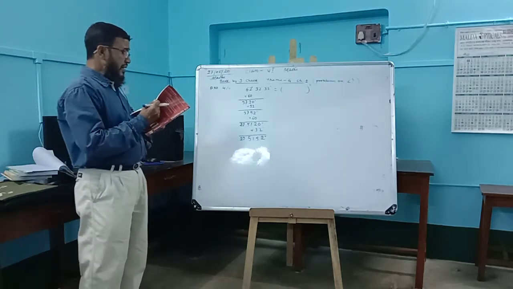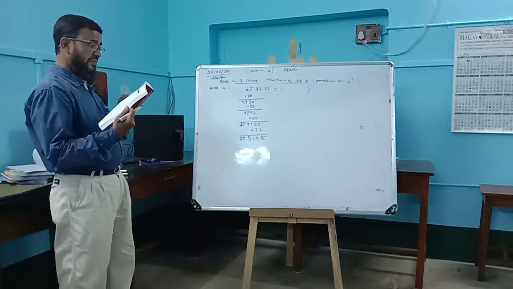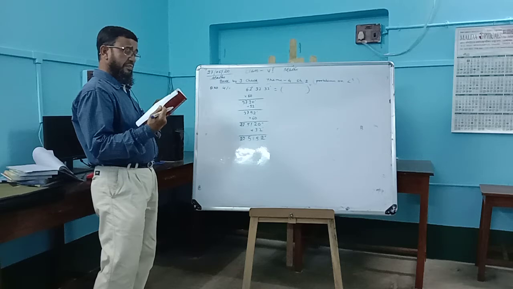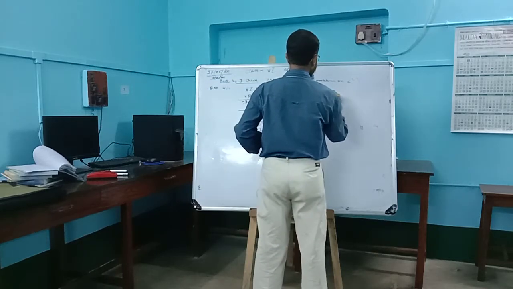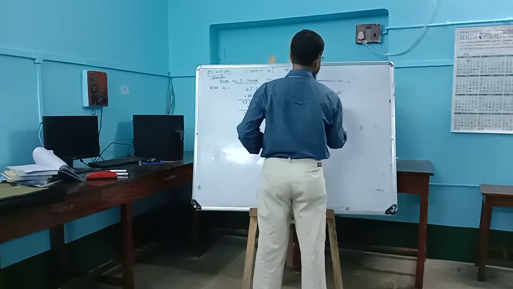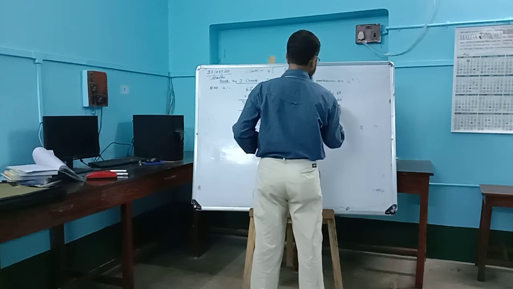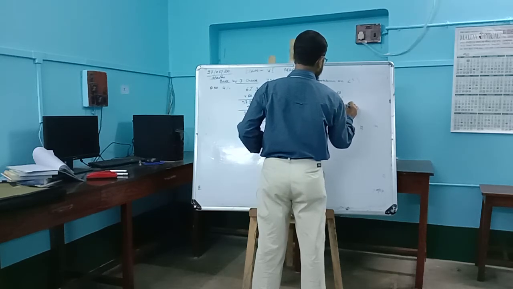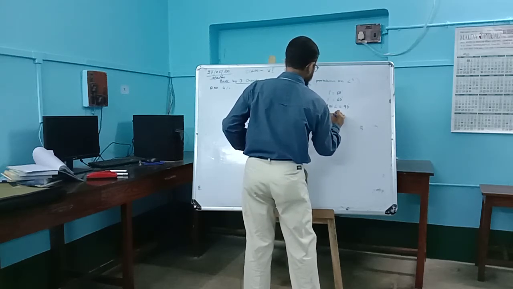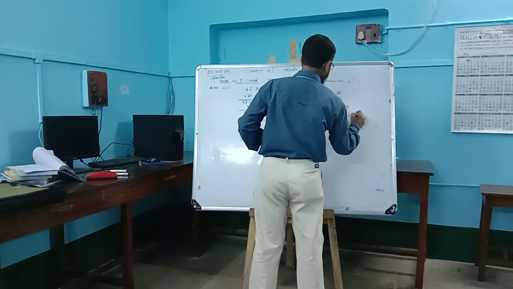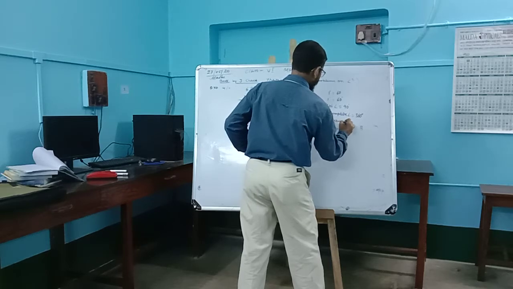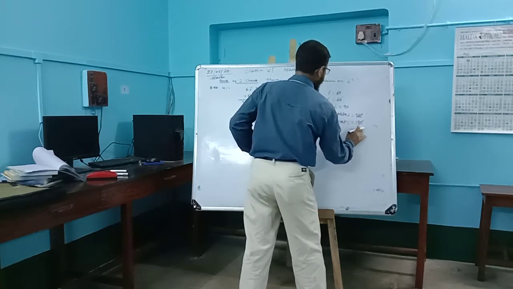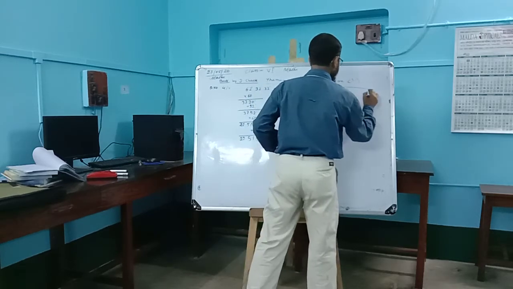The relations are well known to us: 1 degree equal to 60 minutes, 1 minute equal to 60 seconds, 1 right angle equal to 90 degrees, 1 complete angle 360 degrees, 1 straight angle equal to 180 degrees.